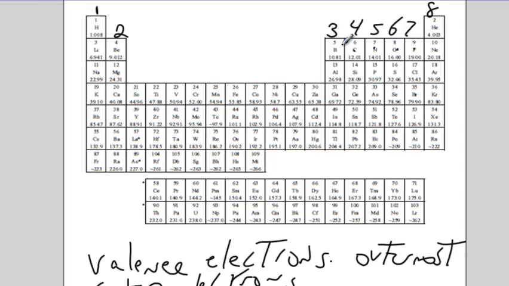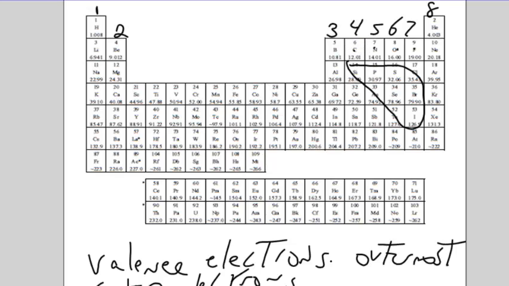Fluorine, always. Never break the octet rule. These below it, however, these nonmetals down here, they can break the octet rule if you need to. And the reason why they can is because they have d orbitals to put those extra electrons in. Even these guys do, because they just promote them up to the d's. But these guys never, because there are no extra d's to put any extra electrons in.